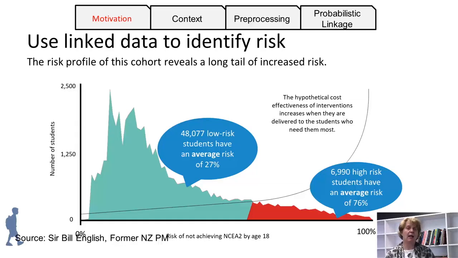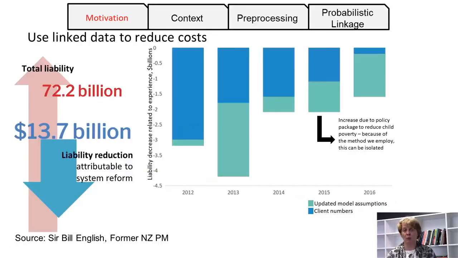And the next slide kind of gives you a sense of the dollar bottom line. As I said, there's also a social bottom line, but a dollar bottom line: the cost of providing services is about $72 billion, and that's your liability. And by using the data to better predict outcomes and providing interventions, you can reduce that liability by almost $14 billion.